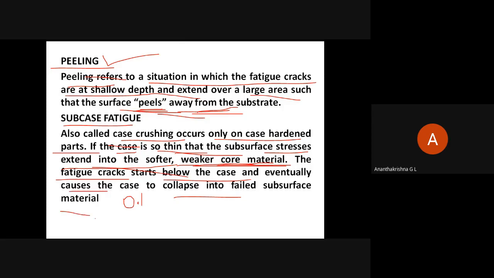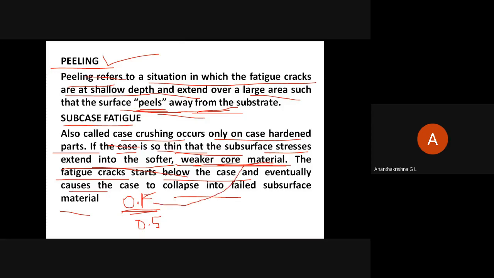Could you understand what subcase fatigue is all about? During heat treatment, if they reduce the depth from say 0.8 or 0.5 to 0.1, anything below 0.1 mm is going to be softer material.